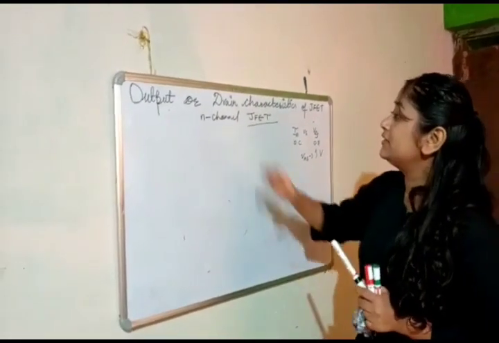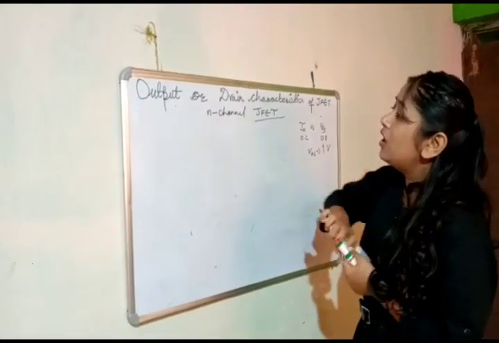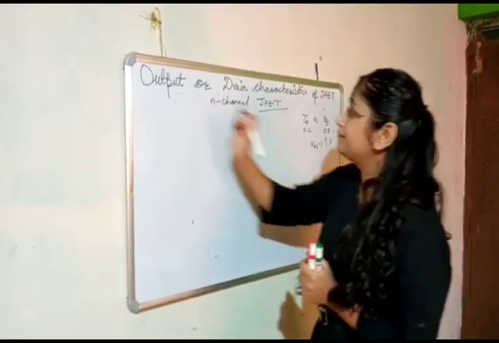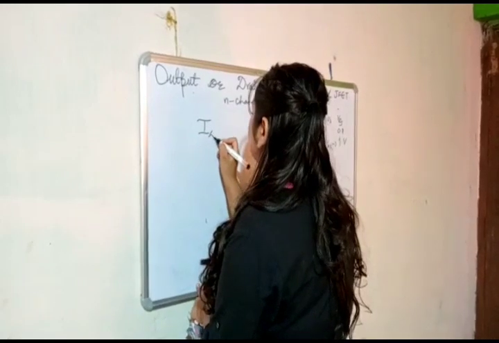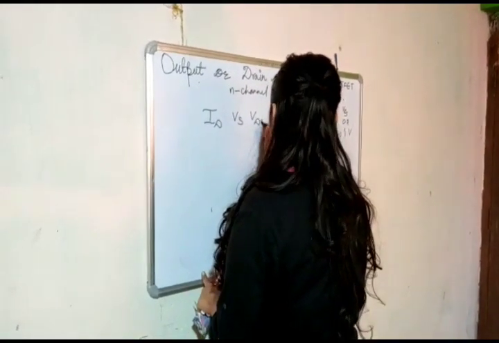Now let us consider here N channel JFET. So now what is output or drain characteristic? That is, here we need to find the ID versus VDS plot.